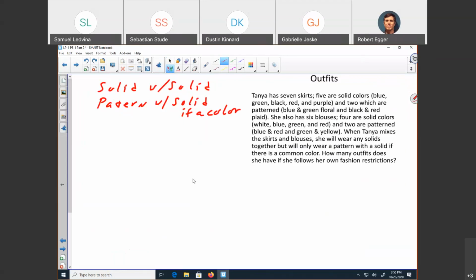So that means the blue or green floral skirt has to be with a blue or green solid blouse. The black or red plaid skirt has to do with a black or red blouse. Okay.